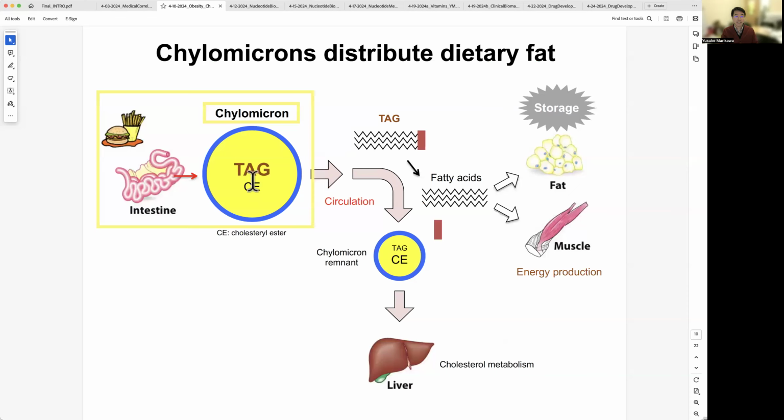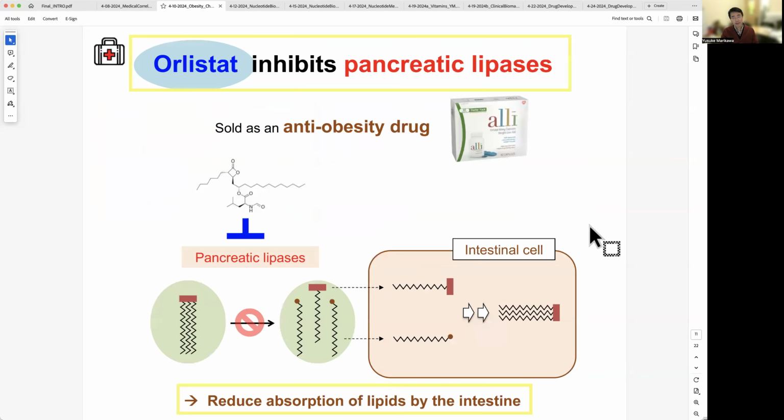And this TAG is going to be distributed throughout the body through chylomicron, which you need to know. So the intestine, after absorbing TAG, packages it into chylomicron to deliver to other parts of the body. Okay? The intestine makes chylomicron to distribute this TAG, right?